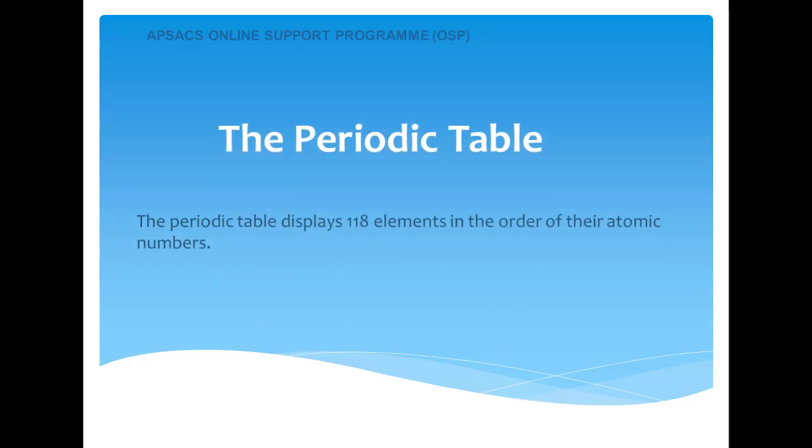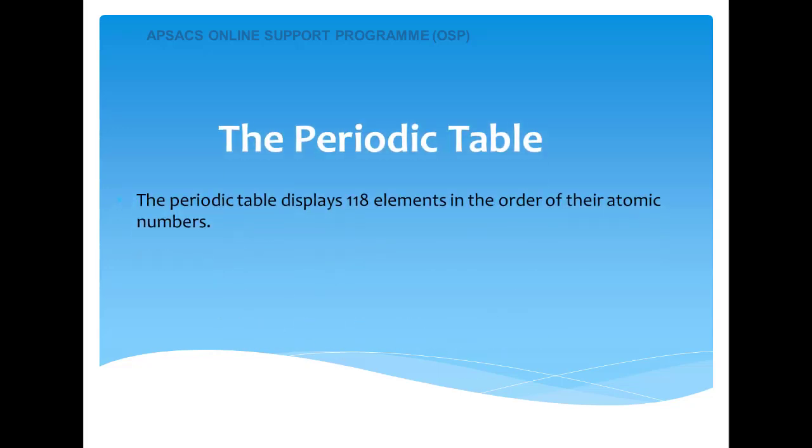As I told you, the periodic table was built by Mendeleev in 1869. It displays 118 elements in the order of their atomic numbers. We have studied previously what atomic numbers and atomic mass numbers are, so we are not going to study them now.